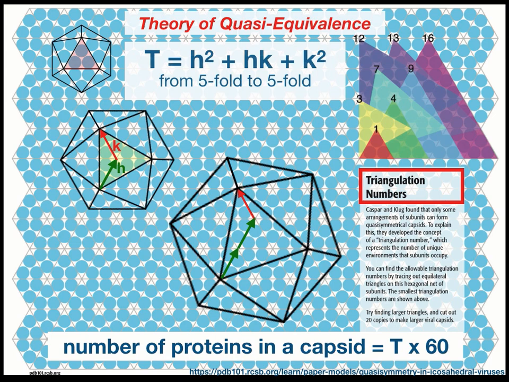Why is it called quasi-equivalence? Well, this wouldn't be quasi-equivalent, because as we saw before, each of the subunits in this capsid are going to be interacting with each other in the same way, but as you move over in complexity, you're going to have different interactions.